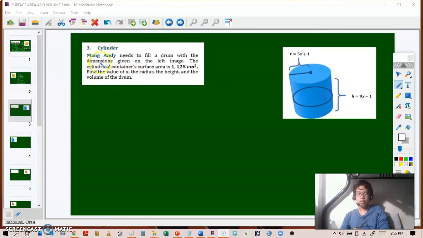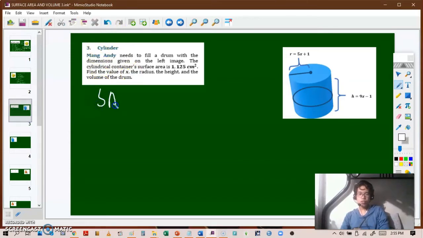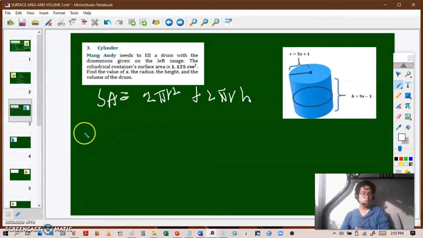So we know that the surface area for a cylinder is 2 pi r squared, the area of the upper and the lower circles added together, plus 2 pi rh, the lateral surface area. Simply substitute the values that we have here.